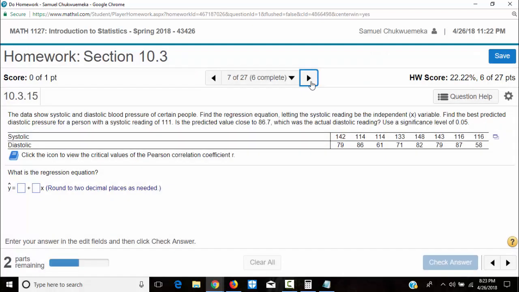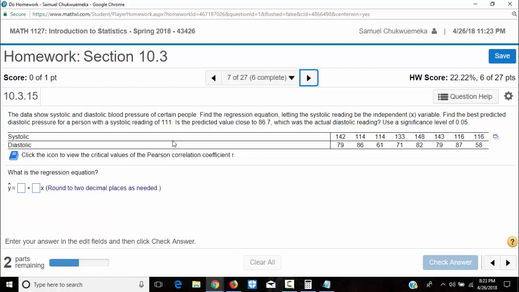Okay. Question 7. My calculator's turn. The data shows systolic and diastolic blood pressure of certain people. Find a regression equation letting the systolic reading be the independent variable, which is your x variable.